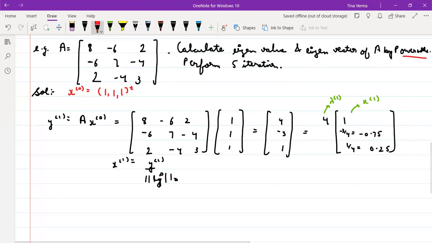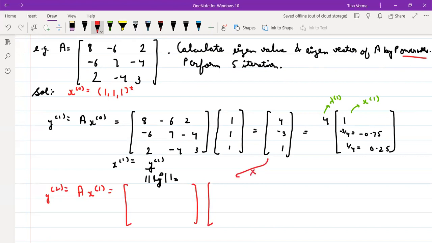In the next iteration, how do you find y2? Multiply your A matrix with your vector x1. The A matrix is the same matrix which is given to you. Don't multiply this vector here, that will be wrong.